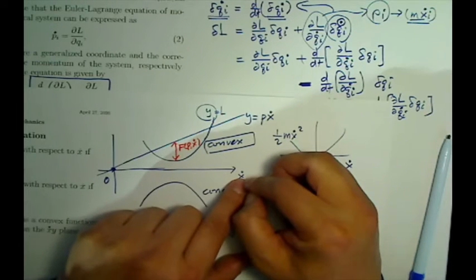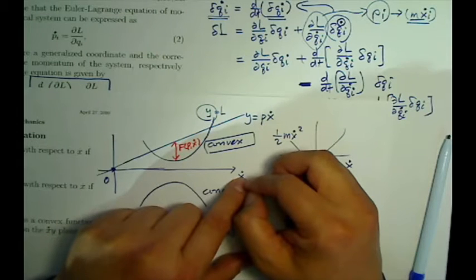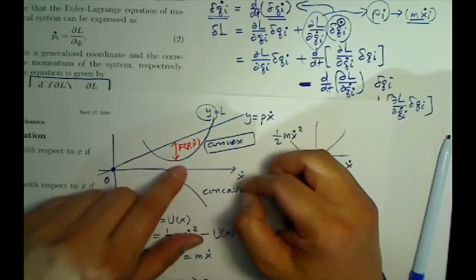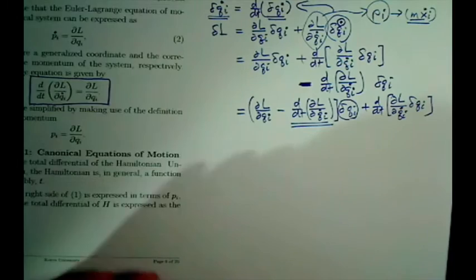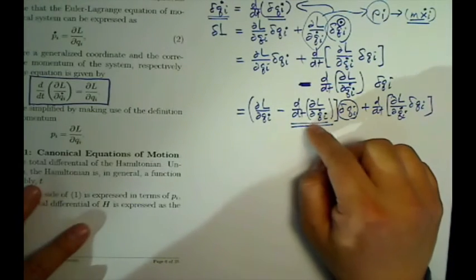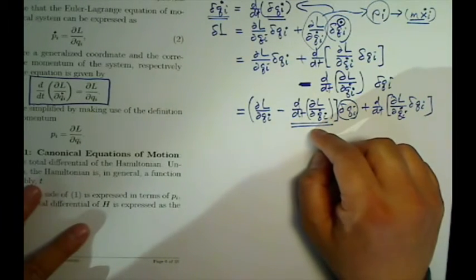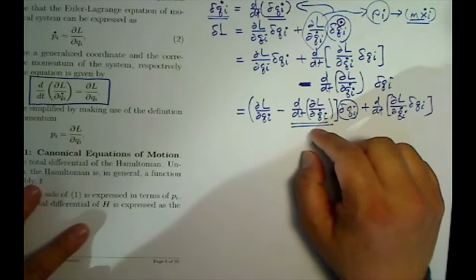Xi's variation was possible, xi dot's variation was possible to be obtained from the x variation time derivative, but it is not in this case. Therefore, we expect that this kind of double time derivative does not appear in the Hamiltonian case.